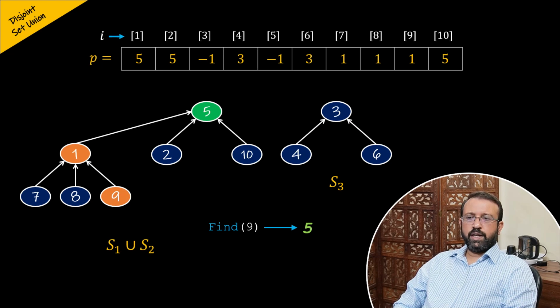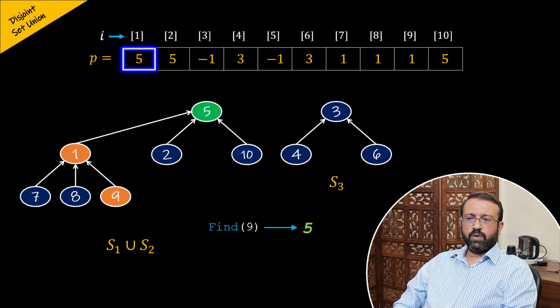Now, using the array P, we can find element 9 by looking at the value stored at index 9 in the array, which is the parent of node 9. We have the value stored at index 9 as 1. So, node 1 is the parent of node 9. Then, we will look at index 1. The value stored at index 1 is 5. So, node 5 is the parent of node 1.